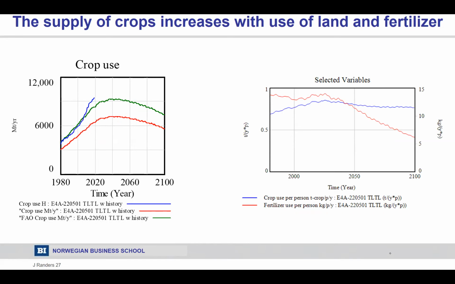The historical data here is the blue line, which you see is way above the red curve. The reason is, of course, that the blue line is FAO statistics, and they define crops in a different manner than we do. Consequently, if we multiply our definition of a ton of crop with 1.4, we get the green line. And that's the difference between the two assumptions.